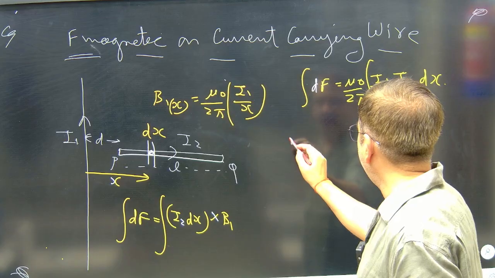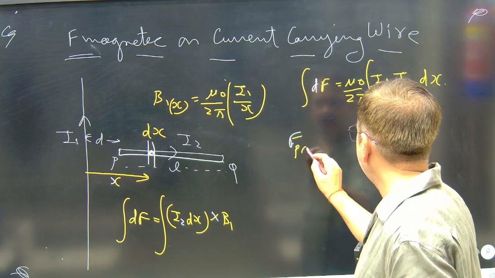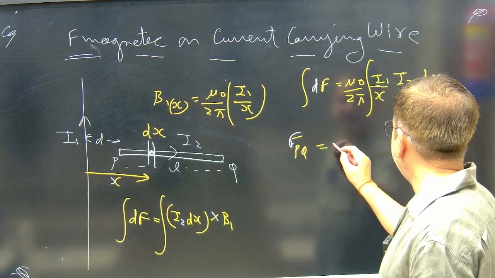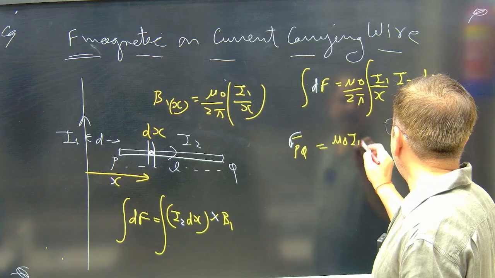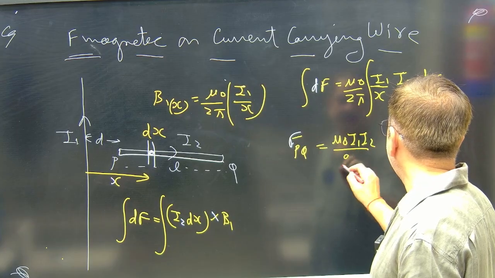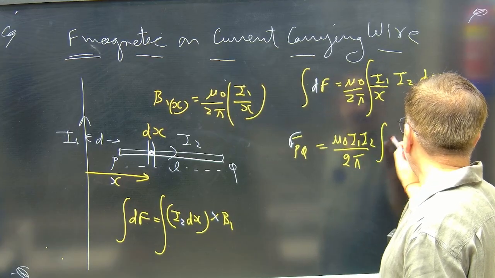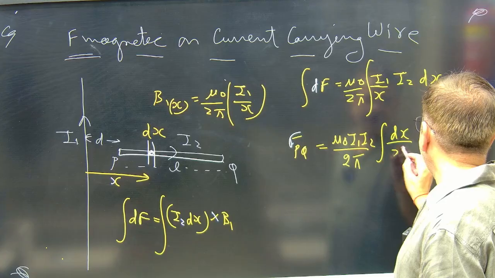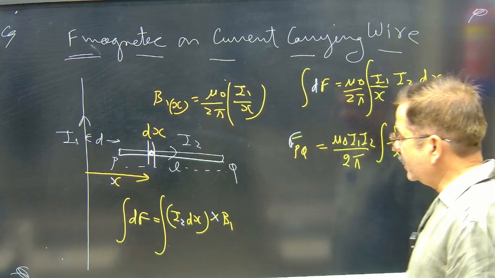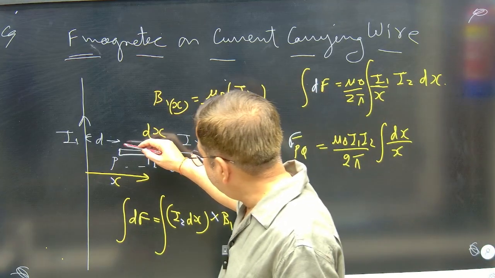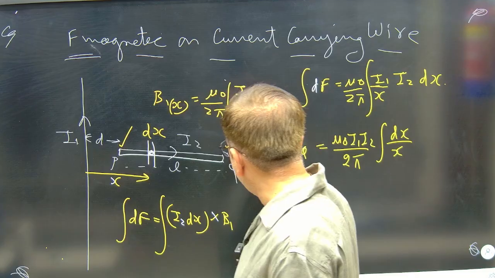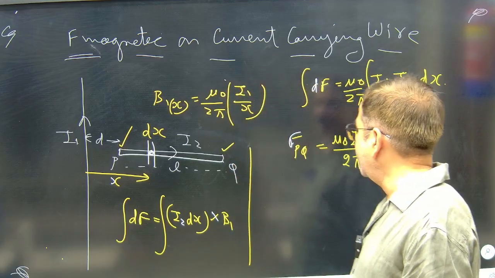So this will be the force on the wire PQ. Force on the wire PQ will be mu naught I1 I2 by 2 pi times the integration of dx by x. Correct. Now x I will vary from end P to end Q.